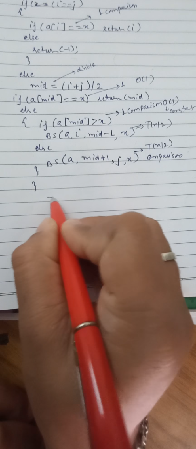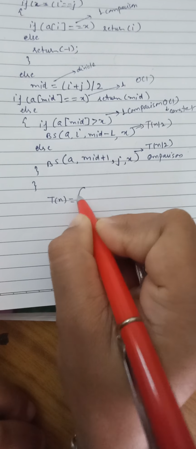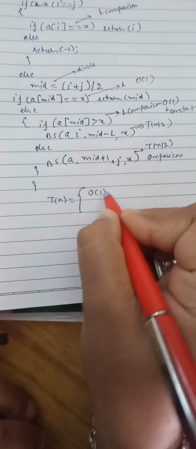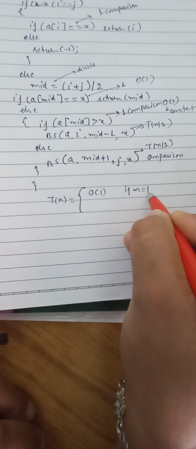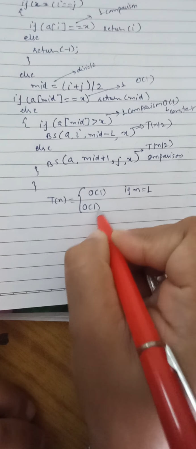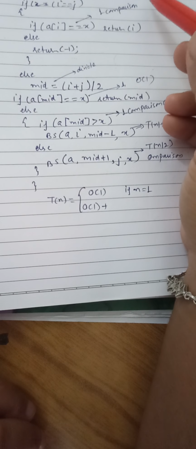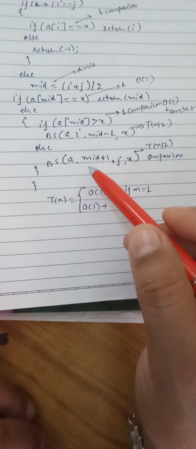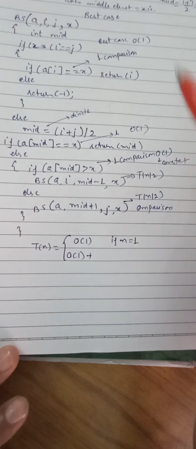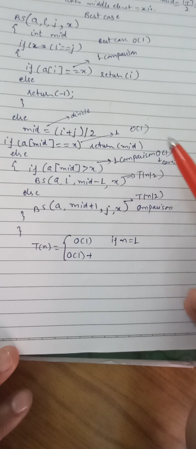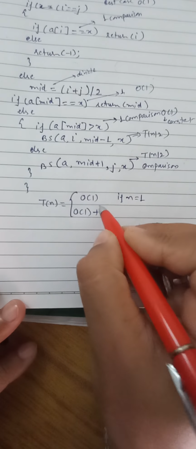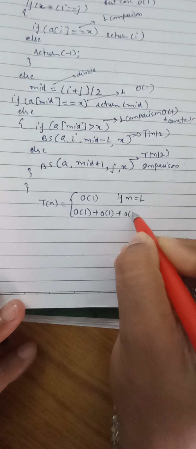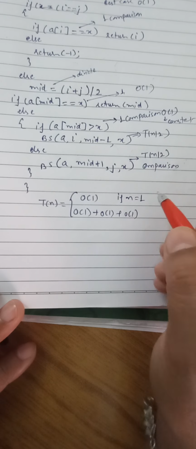So in that way, if we see the recurrence relation of this, then it can be order of 1 if n is equal to 1, and order of 1 from here, order of 1 from here, and so on, plus T(n/2).